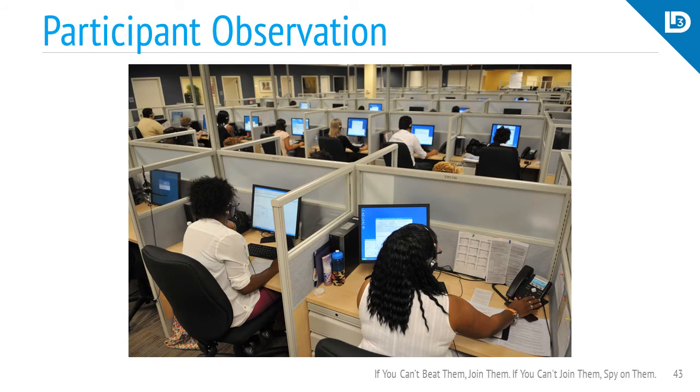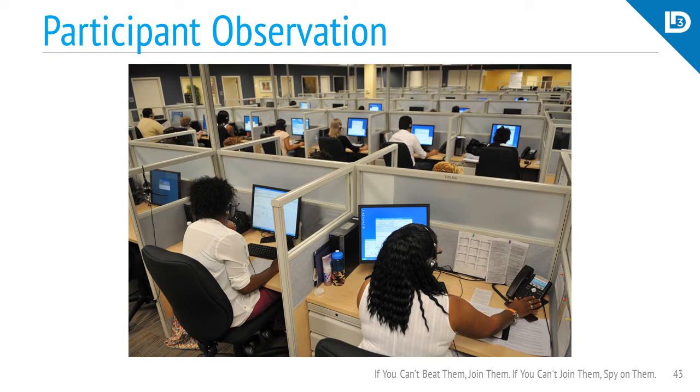For example, if you were looking at a call center to try to understand the software that they use and also their work processes and their tasks and their group dynamics, you could observe them and ask questions, but you could also participate in their activities. So go through maybe a day or two of training and then join in and become, for at least a few days, a call center worker yourself and answer calls and use the software.